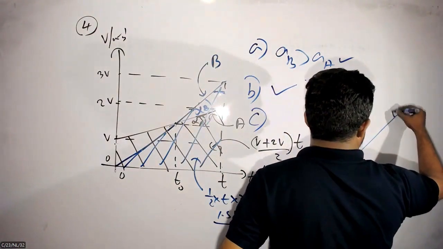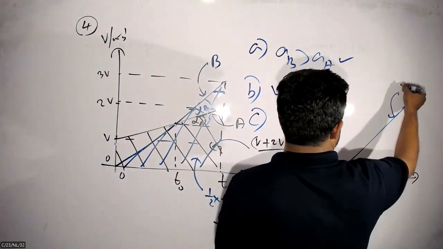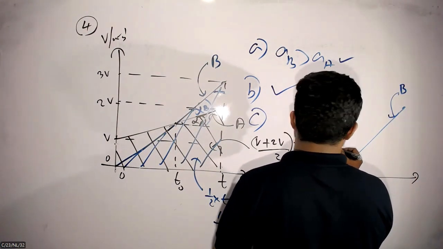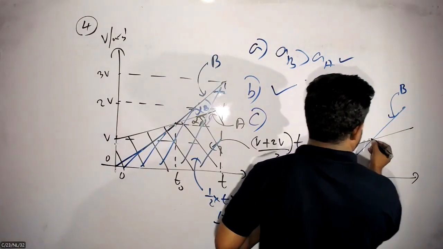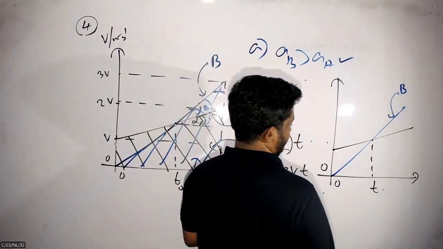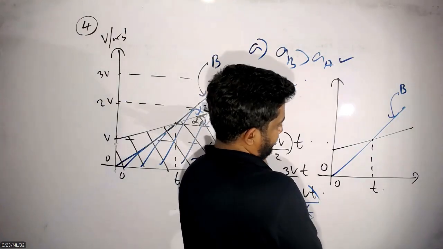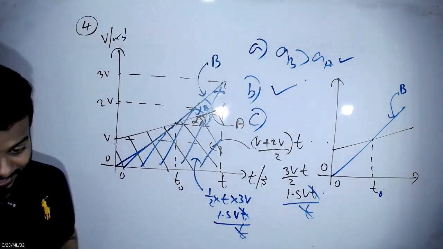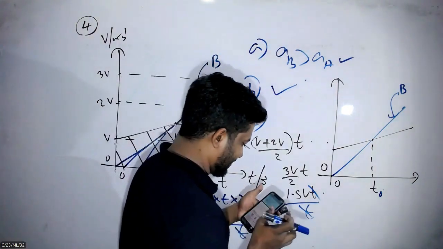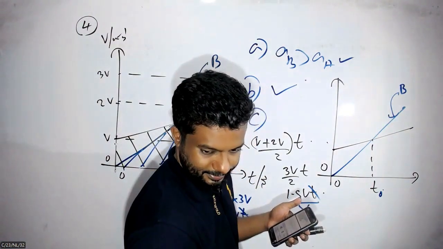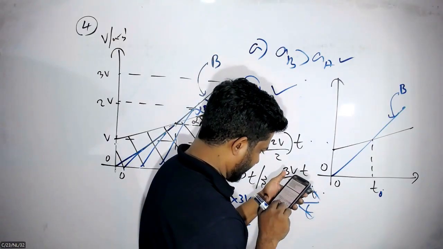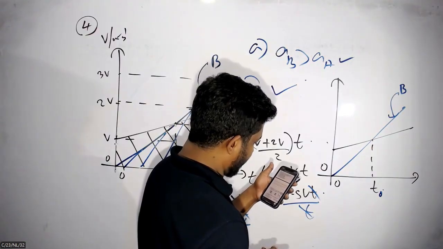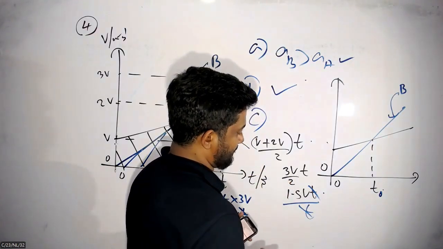Displacement time, acceleration time, velocity time curve of B, velocity time curve of A up to T naught, right? So read the question, read the third statement. According to the third statement, at time t equals t naught, the object B passes the object A.